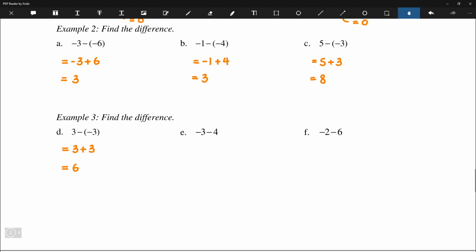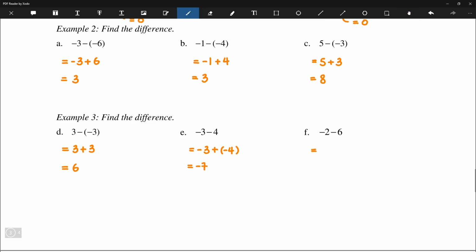Now, it is also possible to rewrite examples 3, E, and F as addition questions as well. So here we have -3 minus 4. So that actually is the same thing as -3 plus -4, which will result in -7.